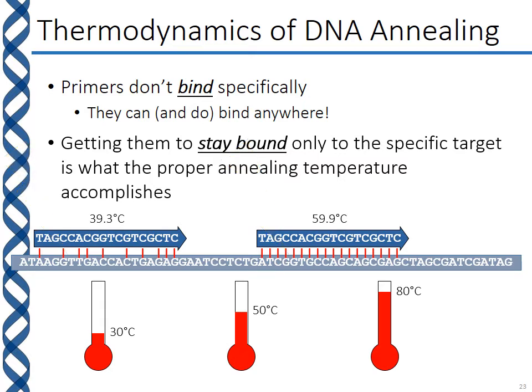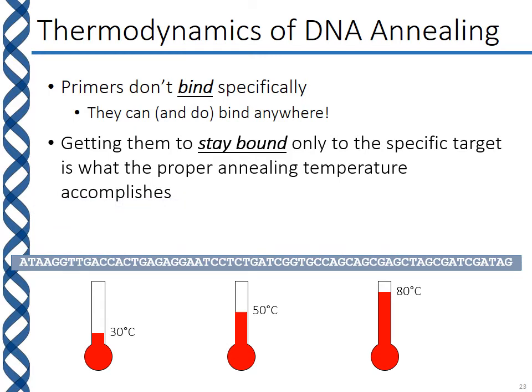So we're able to break all of those bonds as well and neither of those primers is able to stay bound. And so because of that, if you were to choose very poorly an annealing temperature of 80 degrees, you would not, in this particular sequence and primer situation, be able to generate any PCR products.